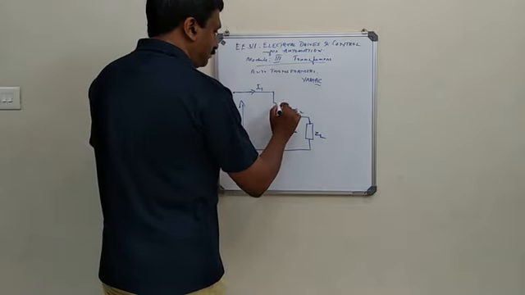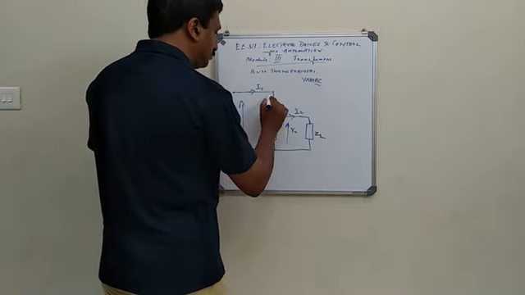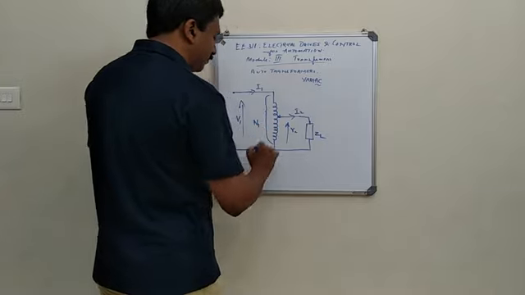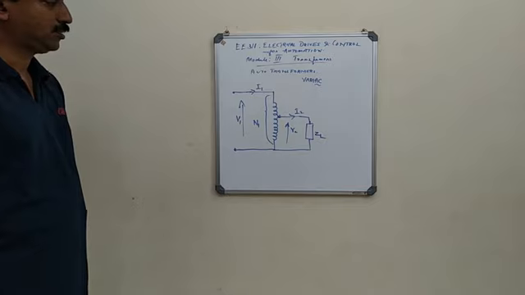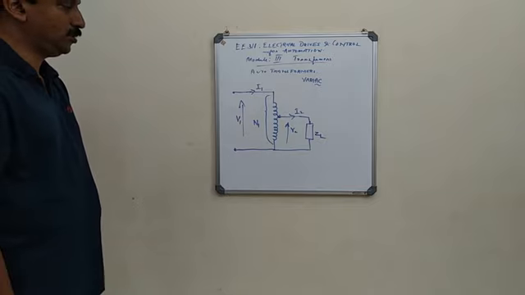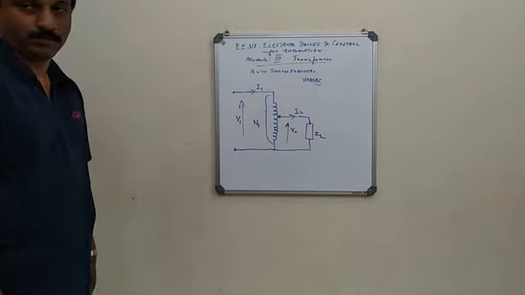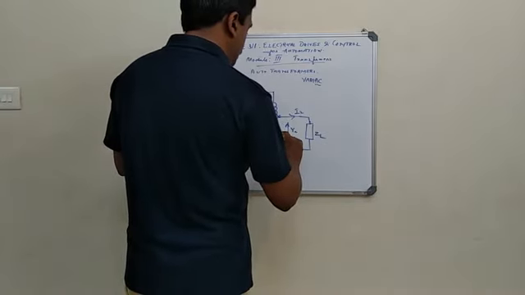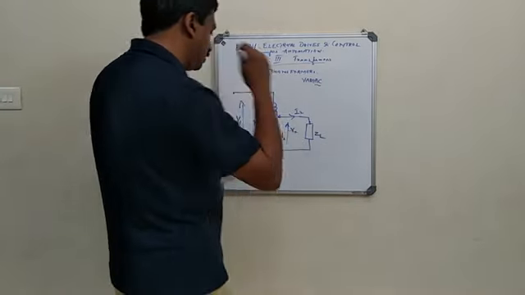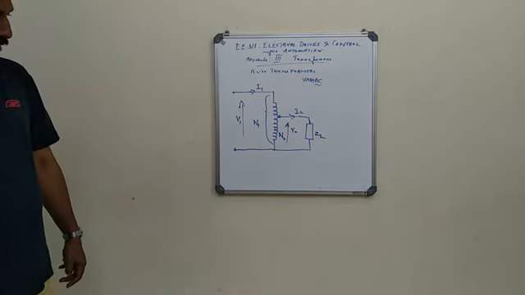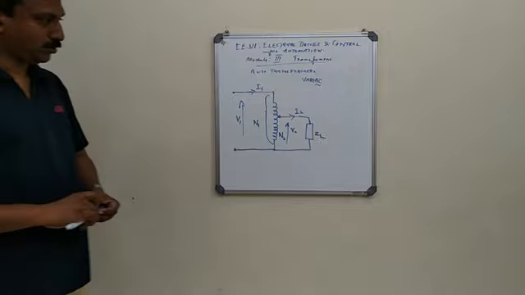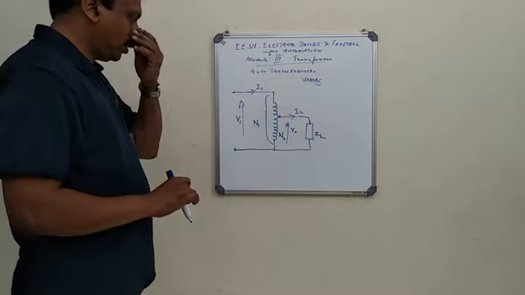We have, say, a total of N1 number of turns connected to the primary side, and N2 number of turns across the secondary.